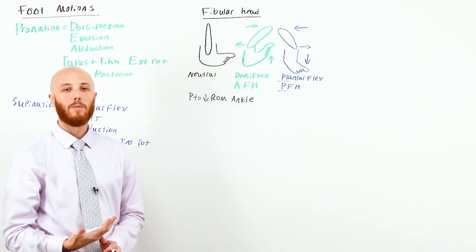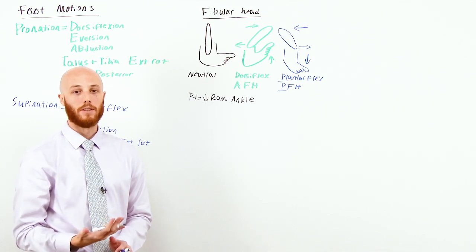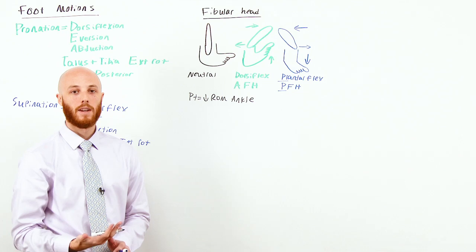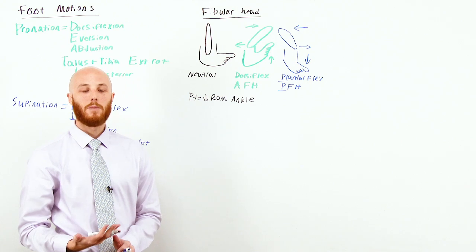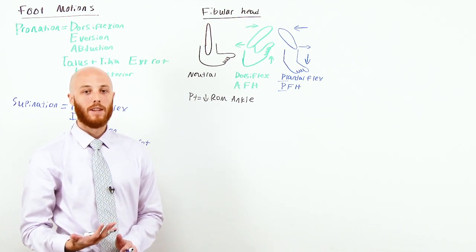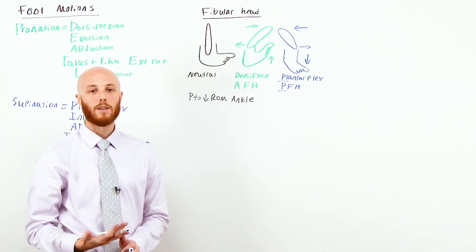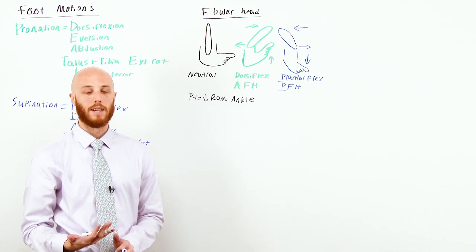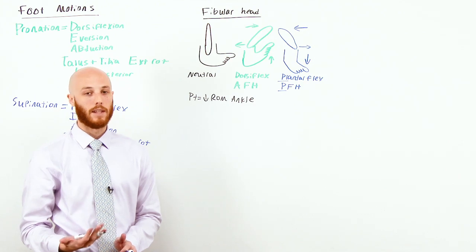This lack of movement is going to cause a lack of accommodation for ankle motion into supination and pronation. What you can also see is pain in the ankle region, but also pain in the knee region. So if you have a patient who comes in with ankle pain and knee pain, you can potentially think of the fibula as being dysfunctional. Even if they come in with simply knee pain, you can still think of the fibula.